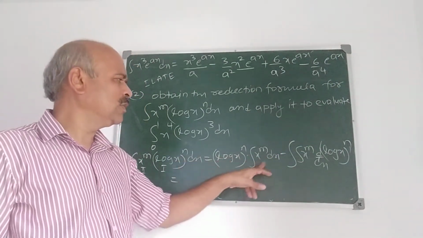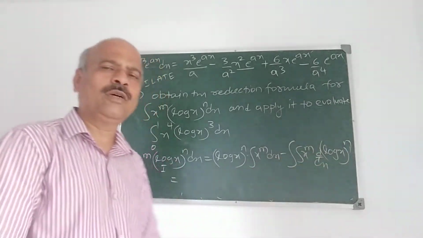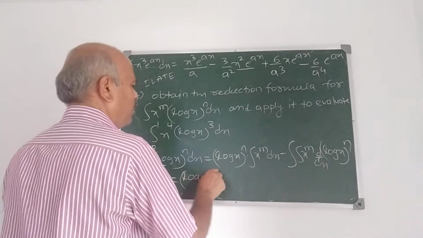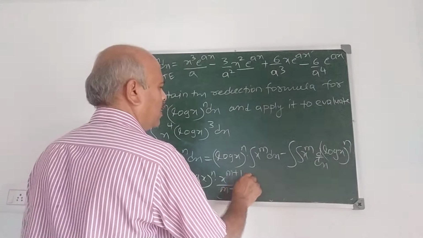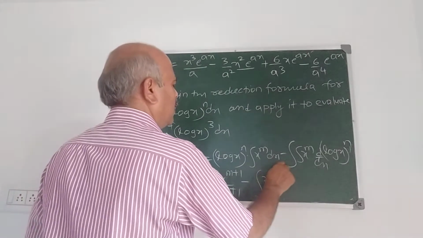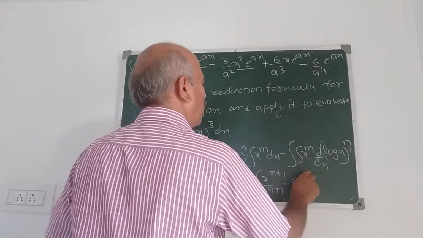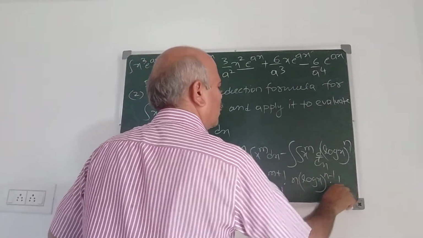First function integration of second minus integration of second d by dx of first. So log of x raised to n, x raised to m plus 1 by m plus 1 minus integration m plus 1 by m plus 1 into n log of x raised to n minus 1 into 1 upon x.